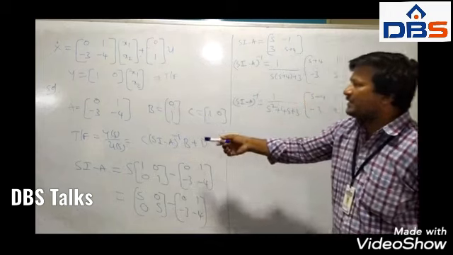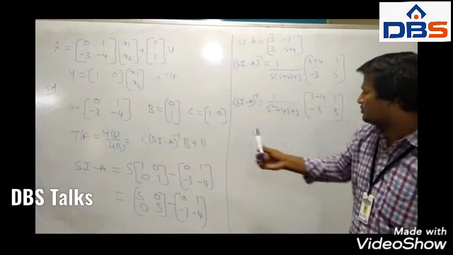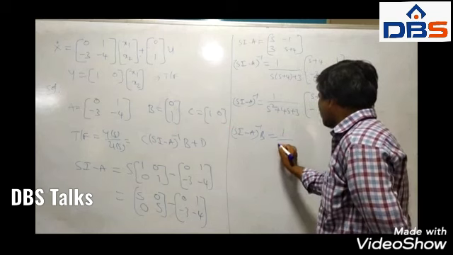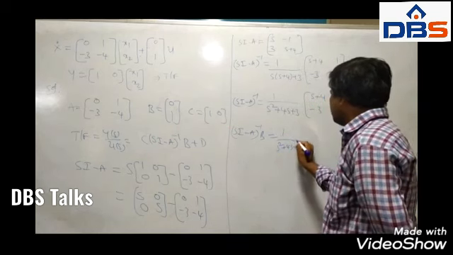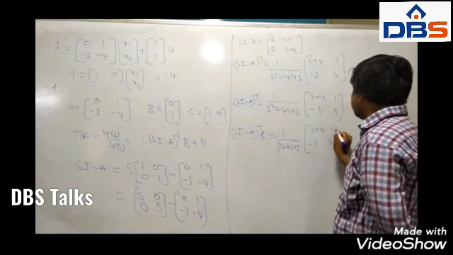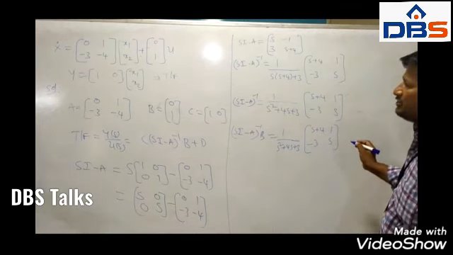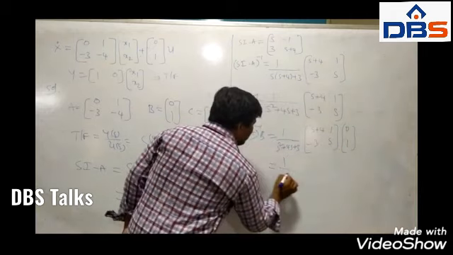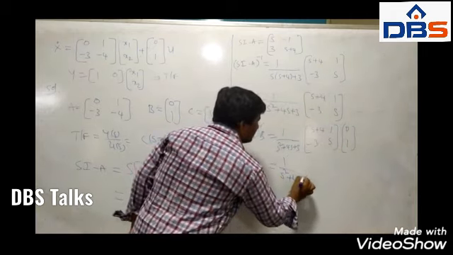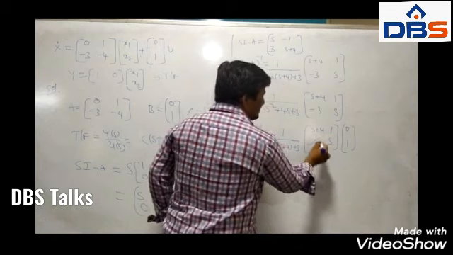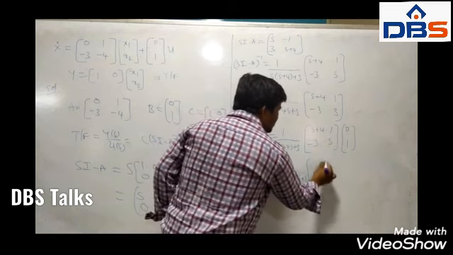Now multiply with the B value, 0 1. So (sI minus A) inverse into B equals 1 by (s square plus 4s plus 3); this term is not disturbing. So [s plus 4 1; minus 3 s] times [0 1]: s plus 4 into 0 plus 1 into 1, minus 3 into 0 plus s into 1, that is s.